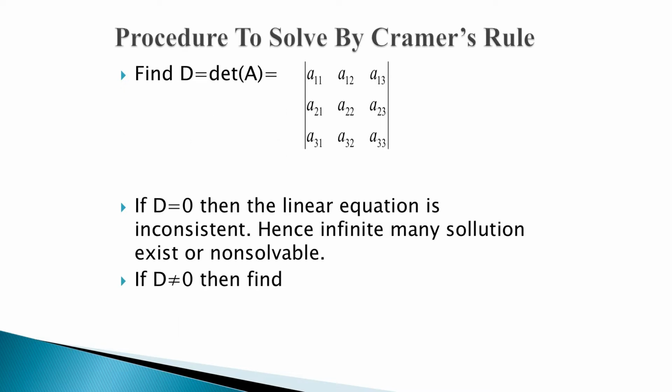Procedure to solve by Cramer's rule: first, find det A. If det A is equal to 0, then the system is inconsistent, hence infinitely many solutions exist, that is, it is non-solvable. If det A is not equal to 0, then we find dx, dy, dz. We find dx by replacing the first column of coefficients with the constants.